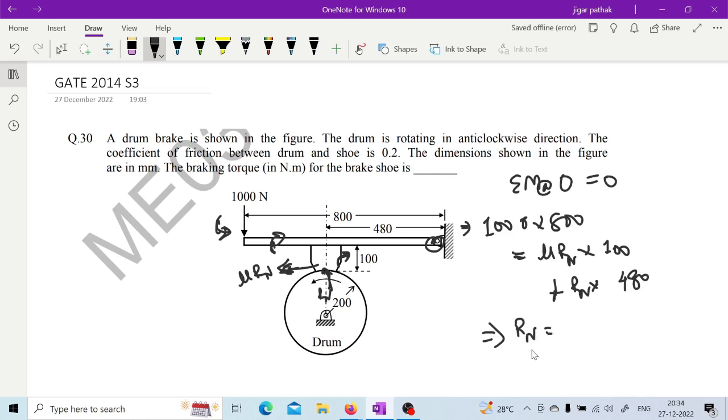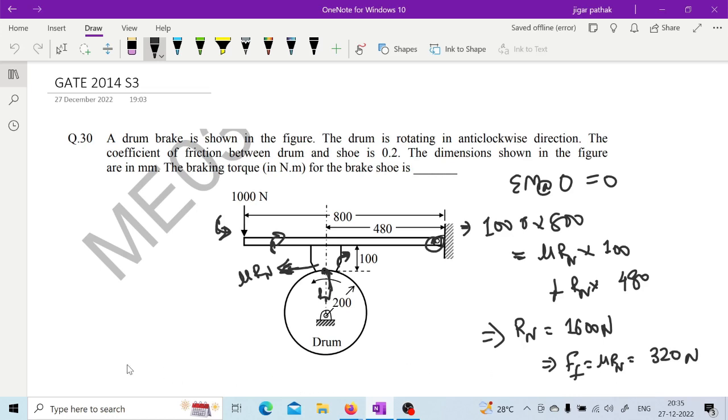1600, sir. 1600 Newton. So once you have this Rn, you can calculate frictional force mu Rn is equal to what? 0.2 into this, because mu is 0.2, so it is 320 Newton, correct? Yes, sir.